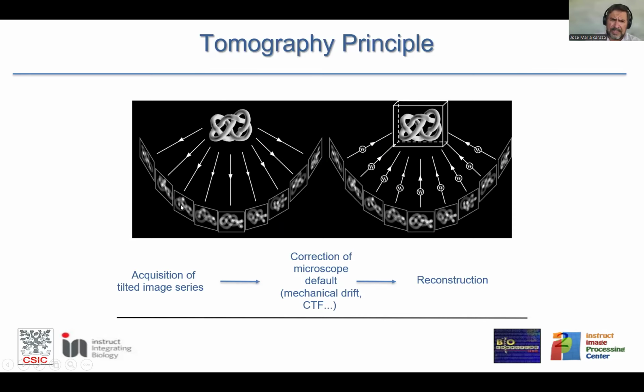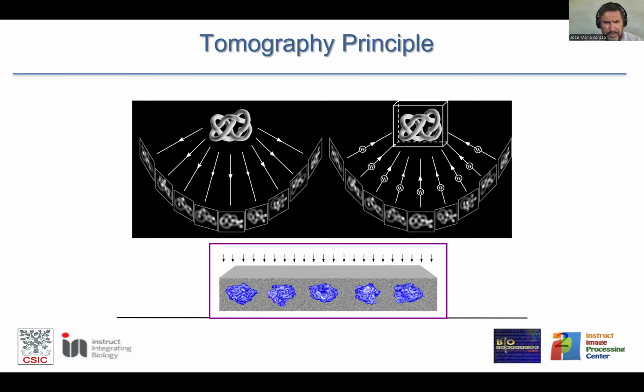However, if you have a set of images at different viewing angles, projection angles, then you can go back, and we have a number of algorithms to do this way back from the set of images to obtain in a quantitative manner the 3D structure, the 3D Coulomb potential, and from there the atomic model of the structure. This is the practical way we achieve it.